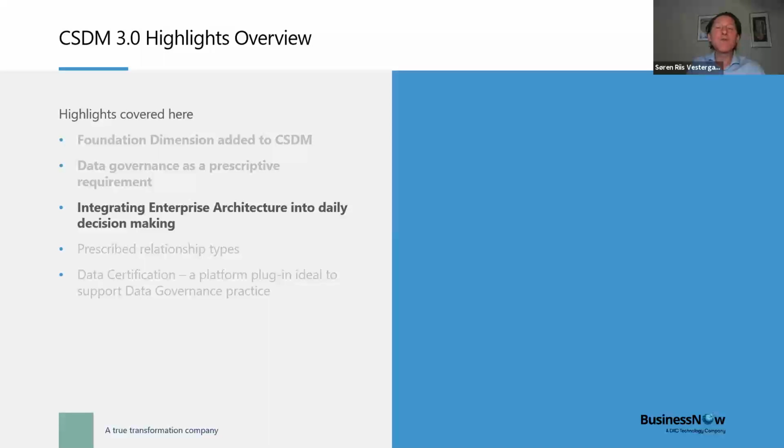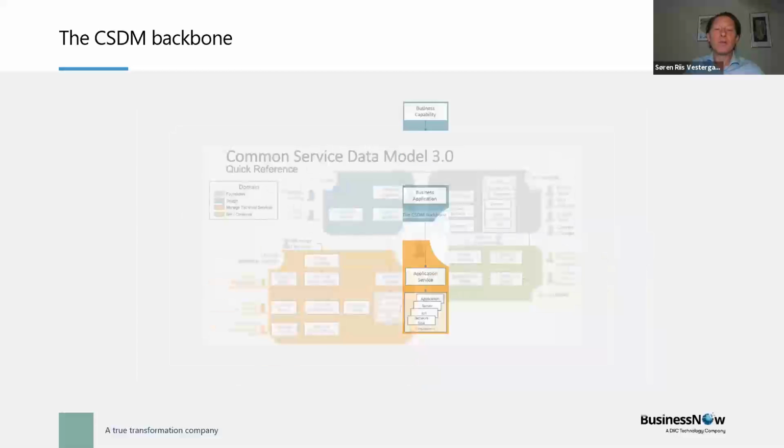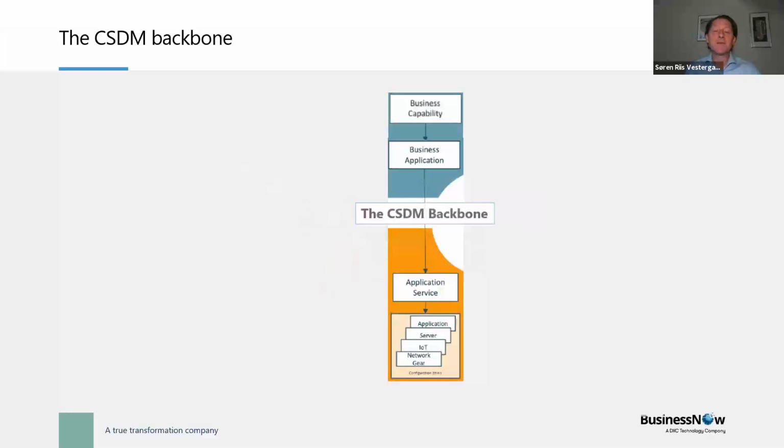And this message will be enforced by looking at what I call the CSDM backbone, which is actually the backbone which links from top down, from top going down, the business capabilities, what the business actually does.